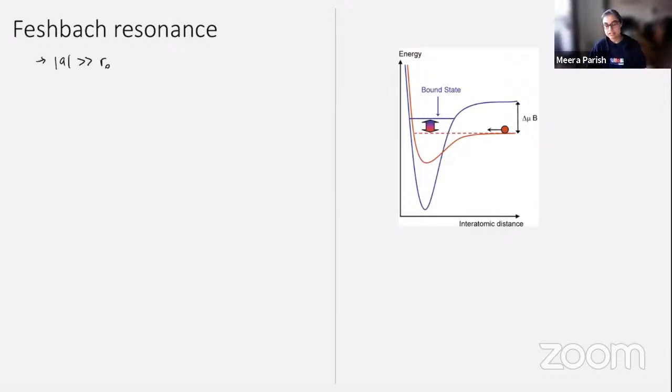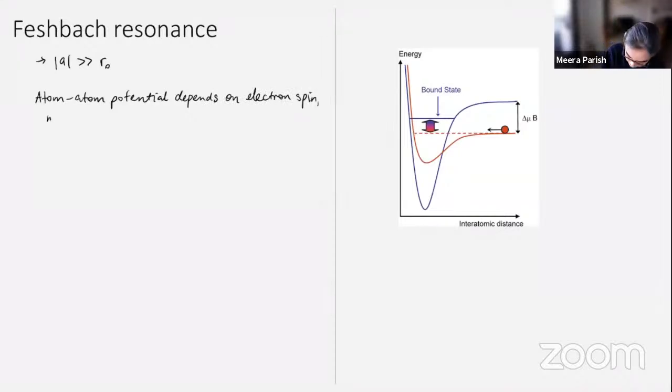The key ingredient is that, usually in a cold atomic gas, the free atoms are in well-defined hyperfine states. But if you think about the actual interactions that they experience, if I write down the atom potential that corresponds to this diagram on the right, this only depends on the electron spin in your atom, and not the nuclear spin.